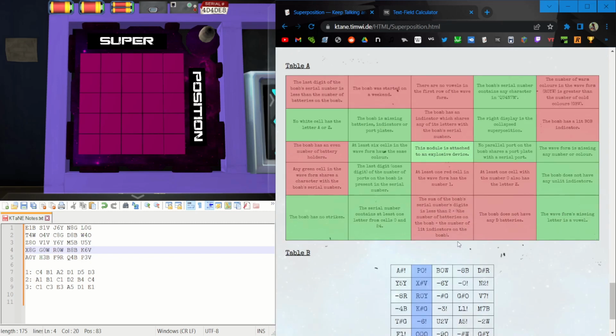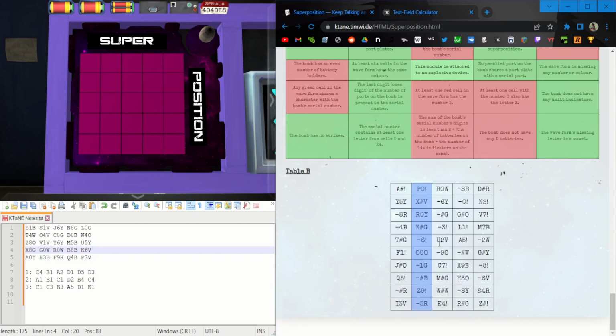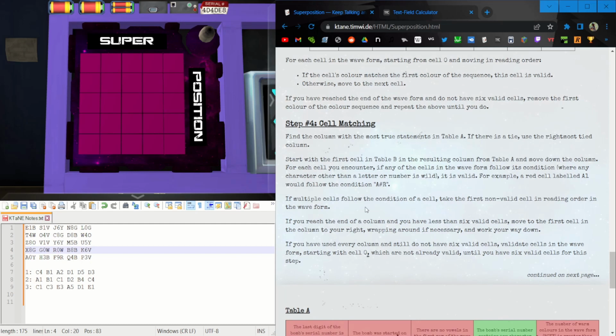I don't know why they made it differently for every form, but regardless, it essentially means it could be any letter, any number, or any color. So we need to find, and it gives an example, a red cell labeled alpha 1 would meet the condition for alpha 1 red.